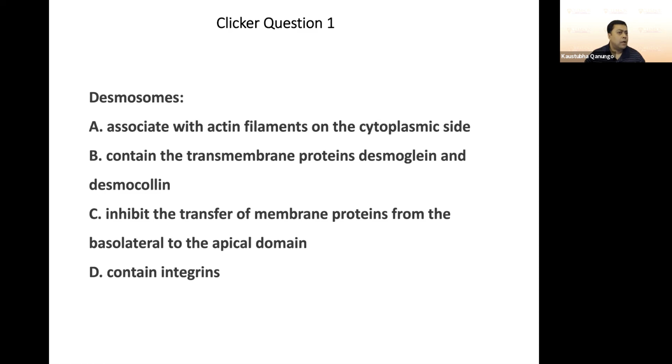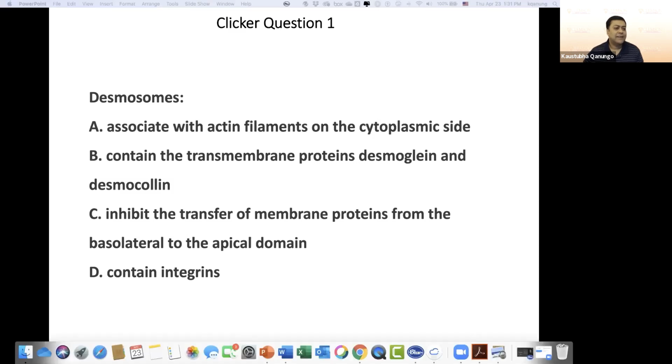So the first one is a desmosome question. Associated with actin filaments, this is what you need to do if you don't remember and you hate memorizing: you can always look at that chart. That gives you a clue for this question as well.